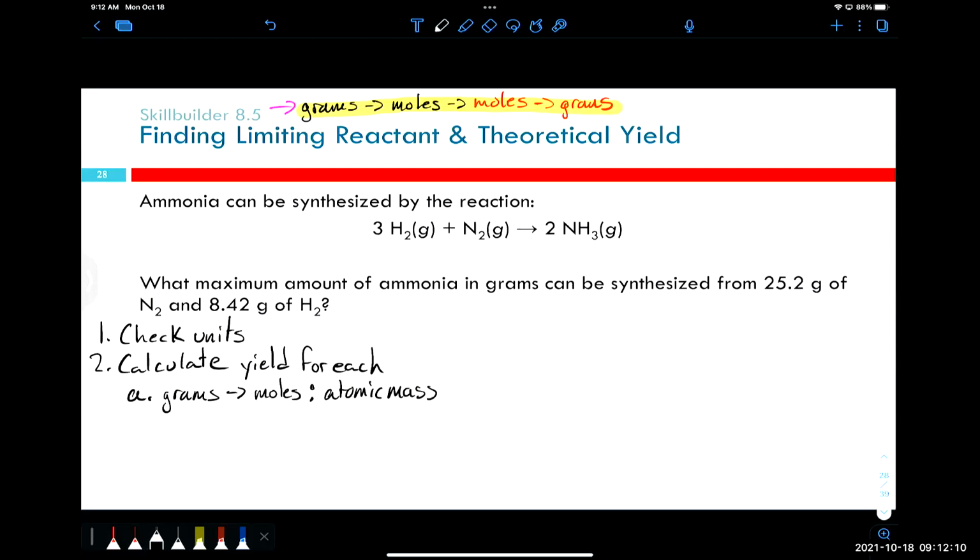And we get that from the periodic table. Then B, we're going to go from moles to moles. And we'll get that using our mole to mole ratio.